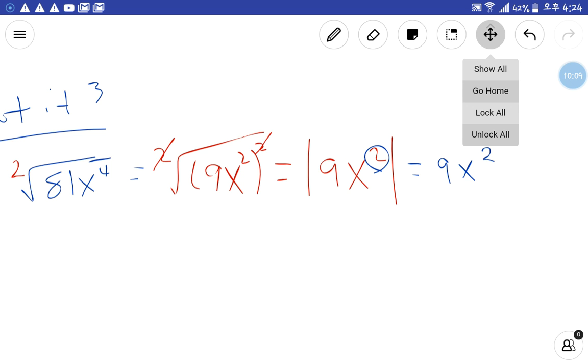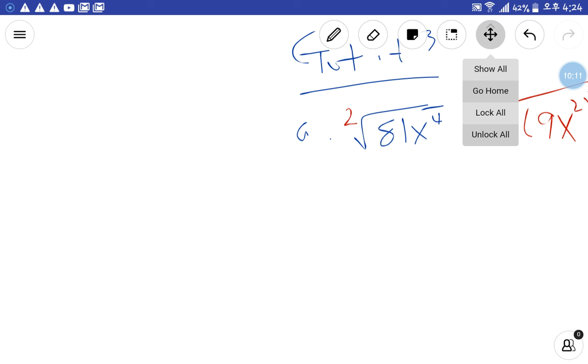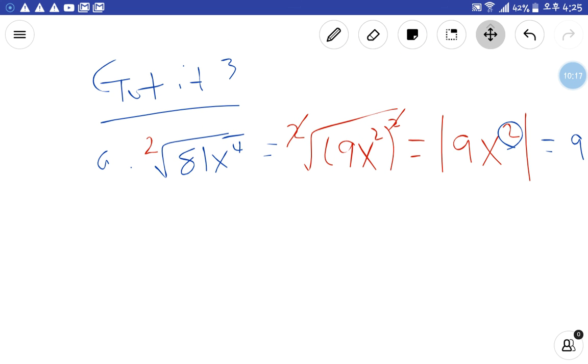Alright, now move on to B. I have the cube root of a to the 12th power, b to the 15th power. I'm happy with that because I don't have to think about any absolute value sign this time.